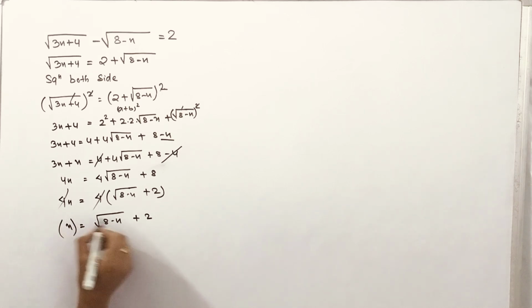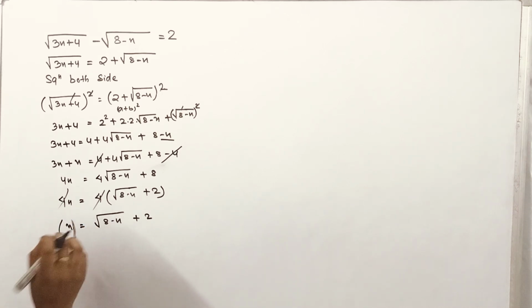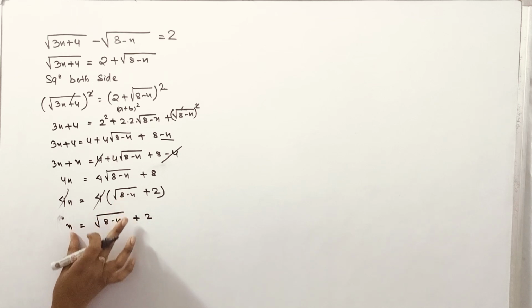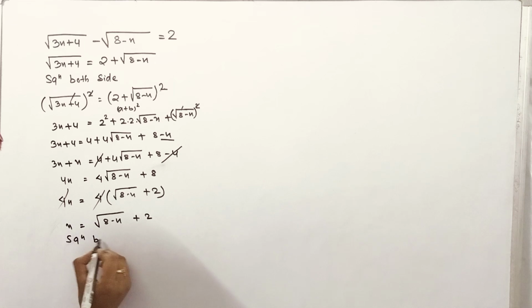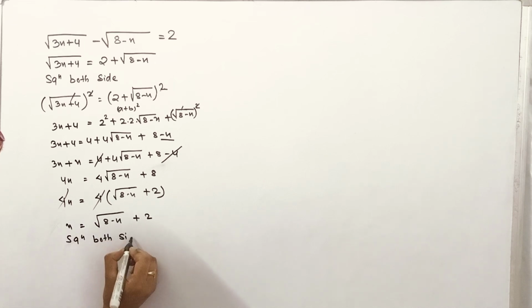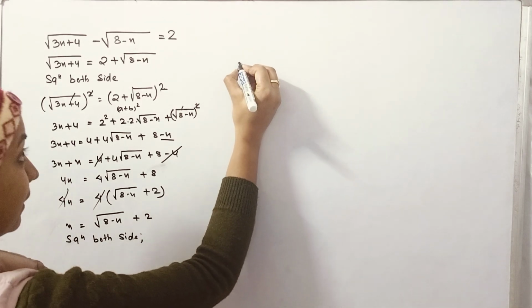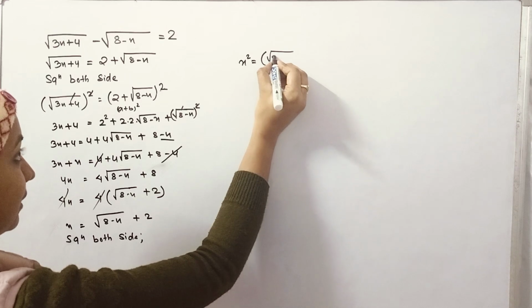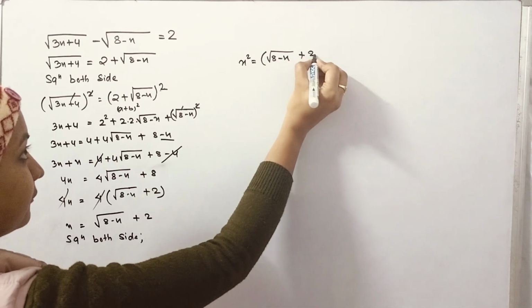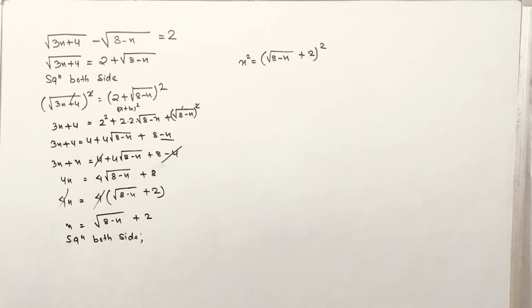So squaring. Okay, fine. Let me not remove any step so that you won't get confused. Squaring both sides, what we will get? X square is equals to root under 8 minus x plus 2, whole square. Fine.